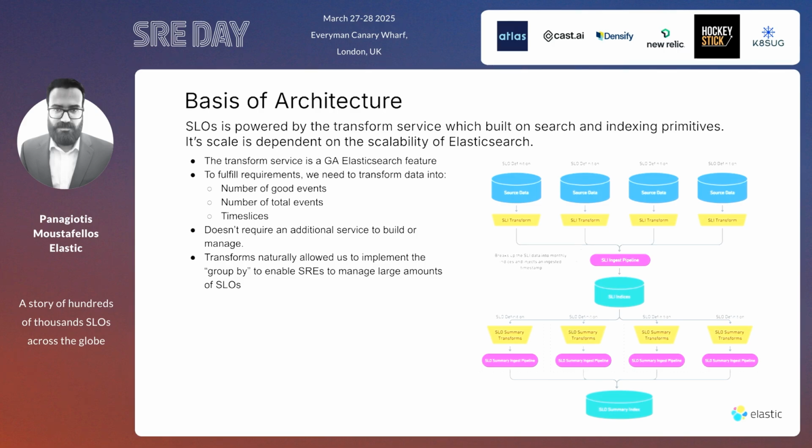That's done through an ingest pipeline by Elastic, and basically what it does is it breaks down the data in a format that makes sense for SLI tracking and provides also an ingested timestamp and holds the SLI indices as a time series. Then there is another level of transforms that do the summarization to track the SLO adherence over time. Finally, that transform populates an SLO summarization index, and that's what's consumed for alerting purposes and for SRE practitioners or developer teams to see how their service fares in production.